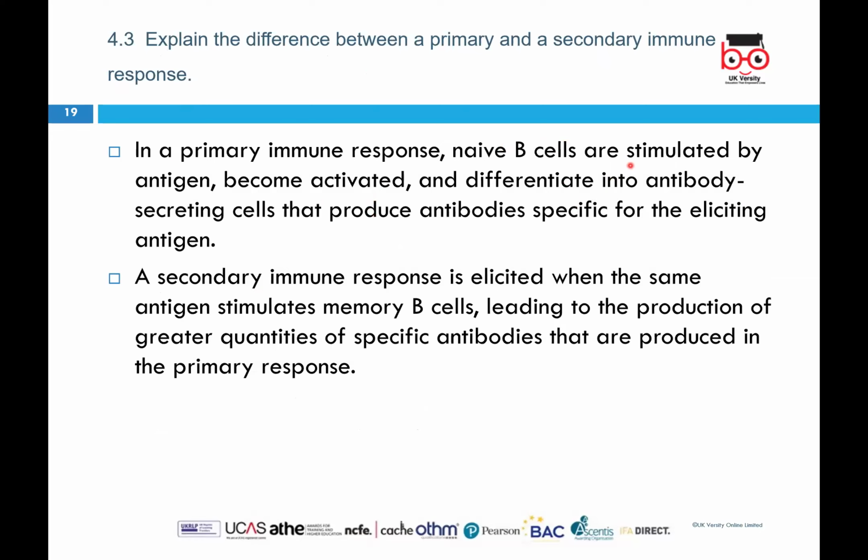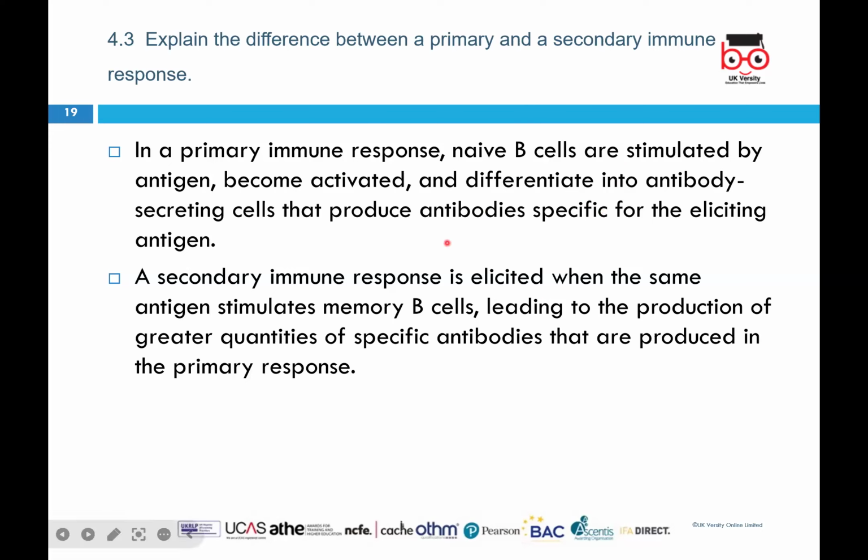Once an antigen attacks, they are activated, and they differentiate into antibody secreting cells that produce antibodies specific for that antigen. Not every antigen will have the same antibody. There'll be different antibodies for different antigens.